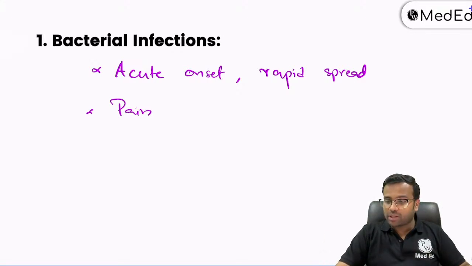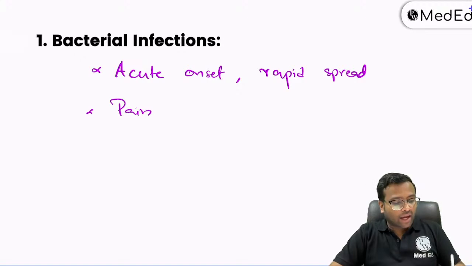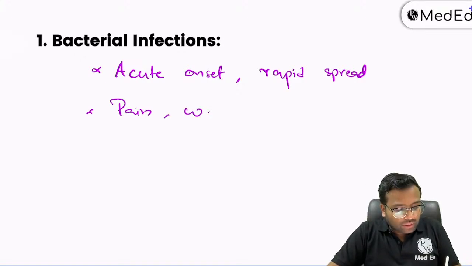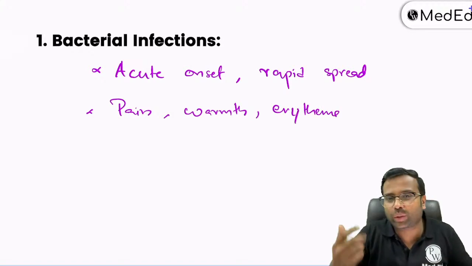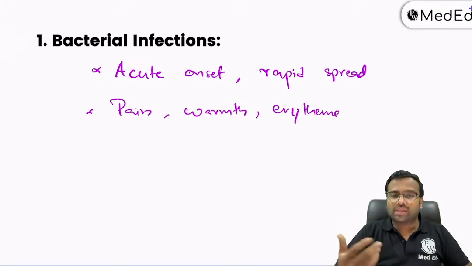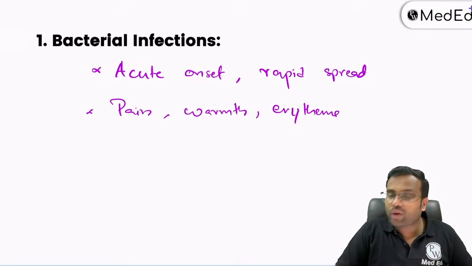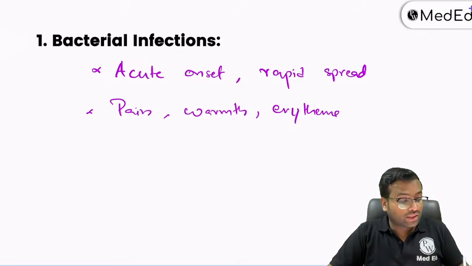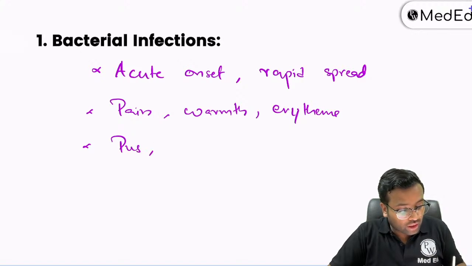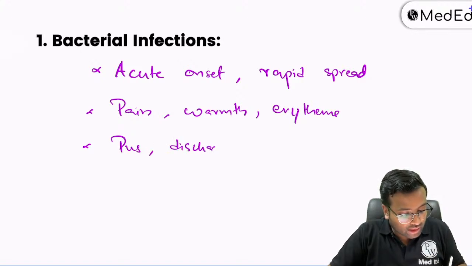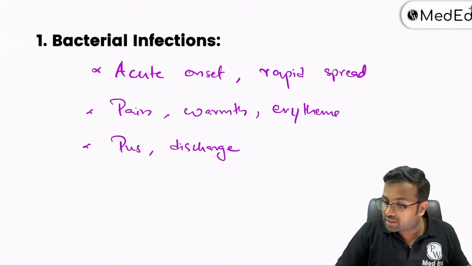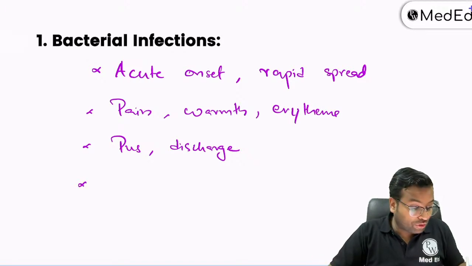And there can be some warmth, erythema over the skin, etc. So all these things are what you can imagine in cellulitis. And just like what the med student just now told in the chat box, the patient can also have pus or discharge. All those things are also possible, isn't it? Very good. There can be fever.